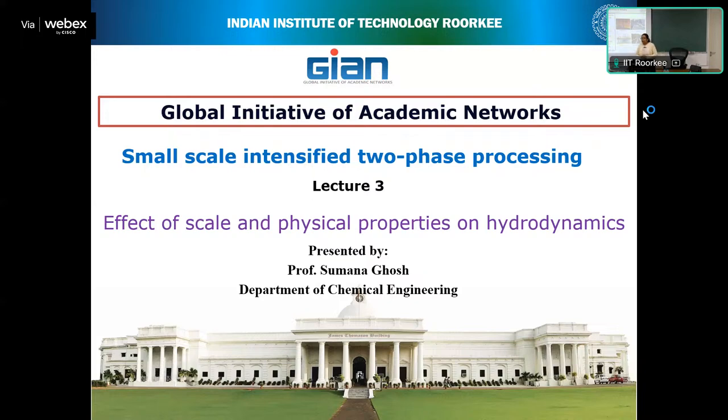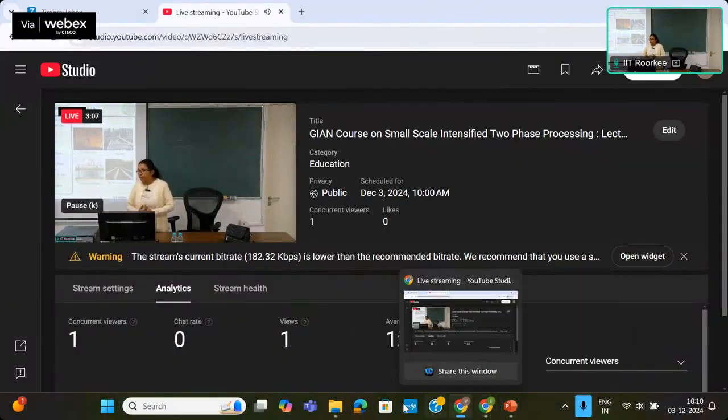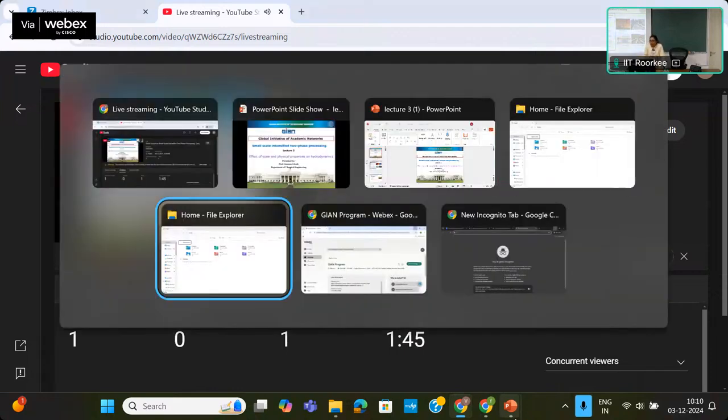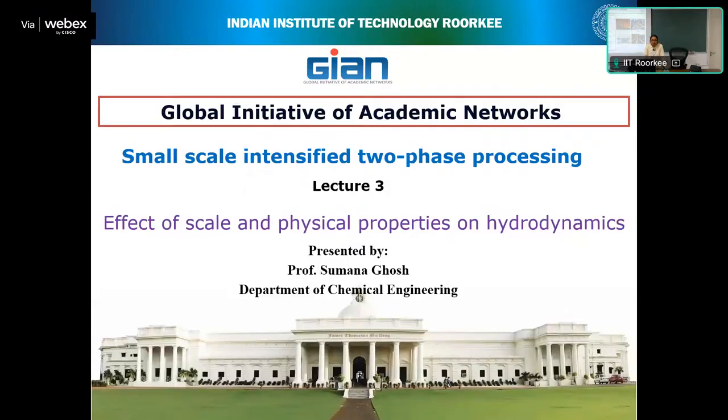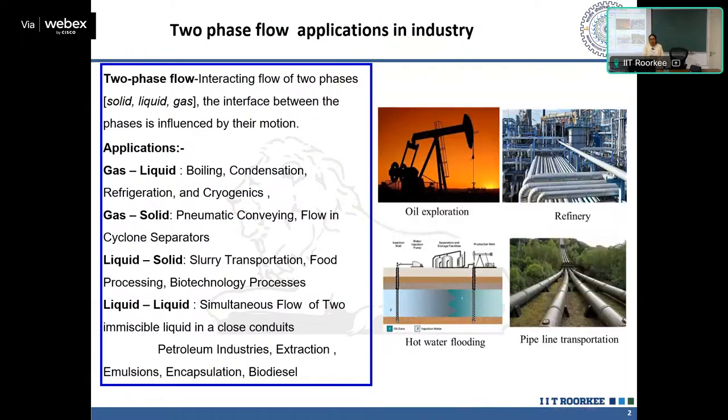Similarly, in the petroleum industry, another example is given. When we are doing oil exploration, it is not only the crude oil that is coming out from the well. It is a mixture of oil, natural gas, and sometimes sand particles. So in fact, it is a three-phase flow.